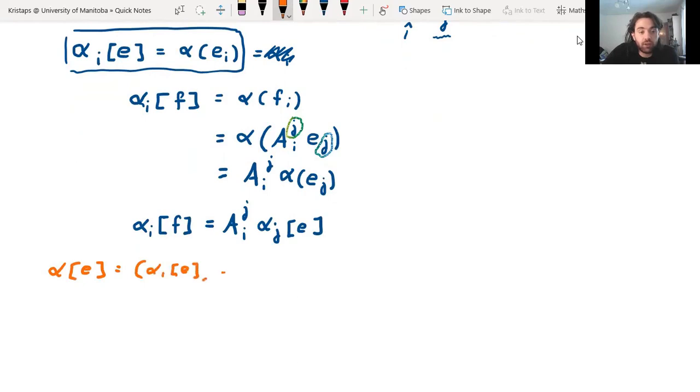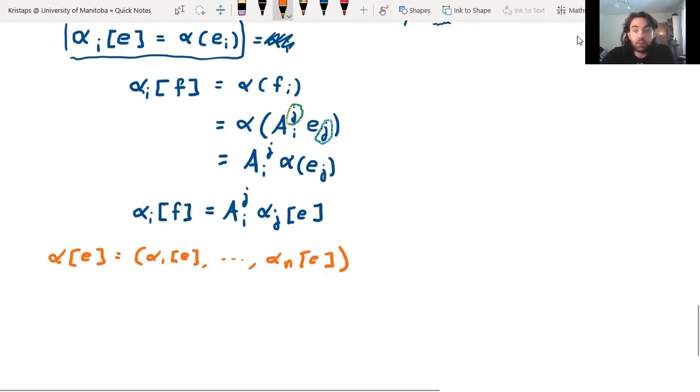In fact, in this case, we have a bona fide column vector because it's actually populated by coefficients. So it's going to be those coefficients of alpha in the basis E, the basis induced by E.